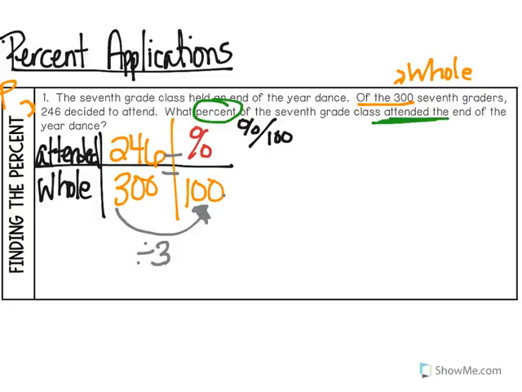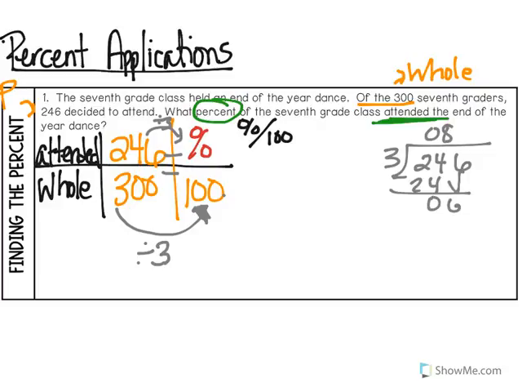And whatever I do to my denominator, I'm going to do to my numerator. So 3 goes into 246, 82 times. 3 goes into 6, 2 times. So my answer is 82.